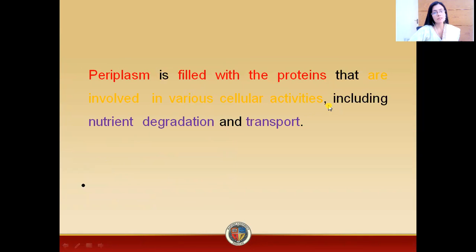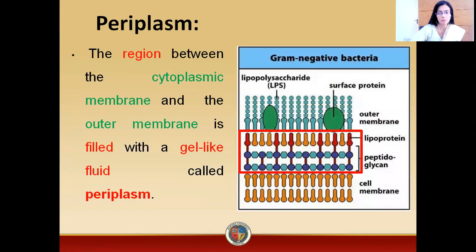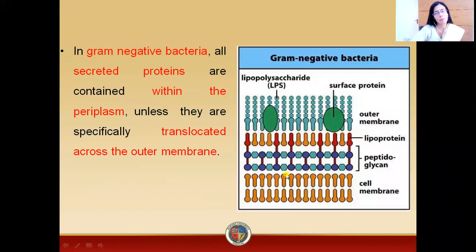So the periplasm is the space which is filled with proteins involved in various cellular activities, including nutrient degradation and transport. Until now we have discussed that the region between the cytoplasmic membrane and the outer membrane is filled with a gel-like fluid, and this fluid is the periplasm.